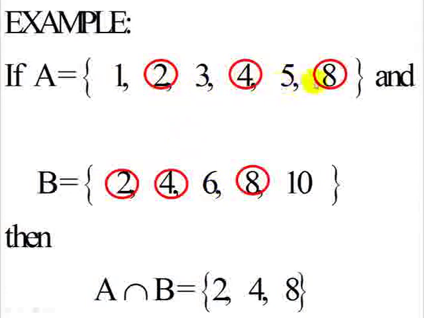Because 2, 4, 8 can be found among the elements of the set A, and also among the elements of the set B, we say that A intersection B equals 2, 4, 8. That is elements that belong to both A and B. That is what we mean by intersection of sets.